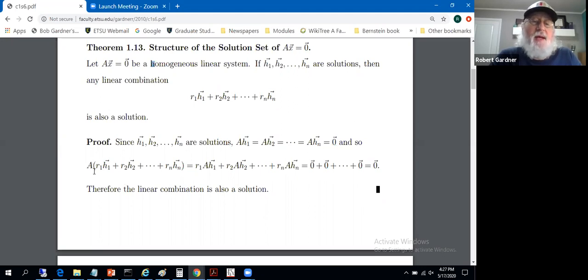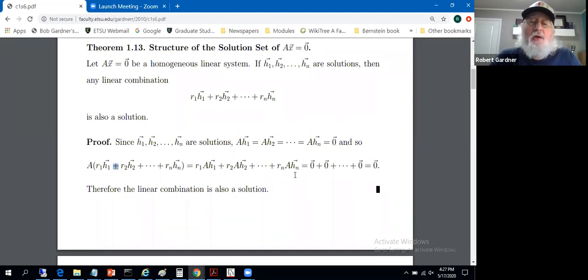So if we took matrix A and multiplied it by the linear combination, by properties of matrix multiplication, distribution and scalars pull through, or specifically the two properties that we can distribute, really is distribution, because we've got matrix multiplication and vector addition.